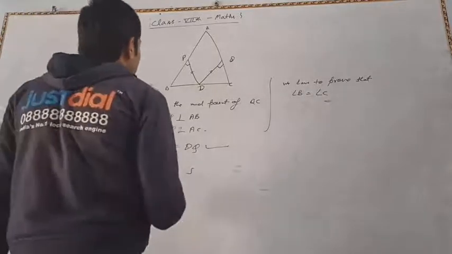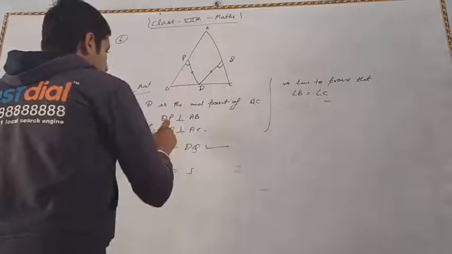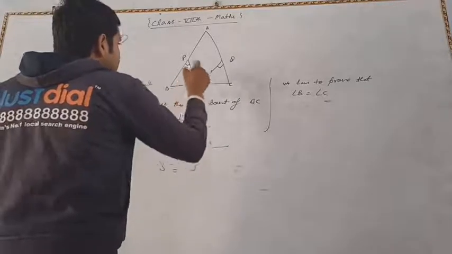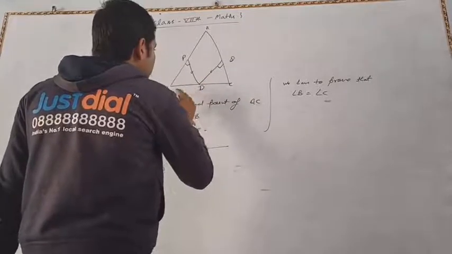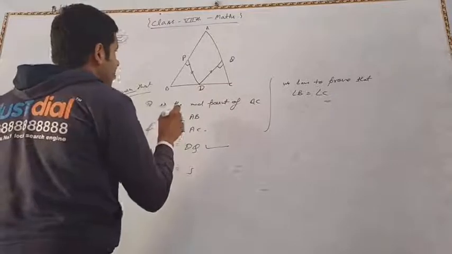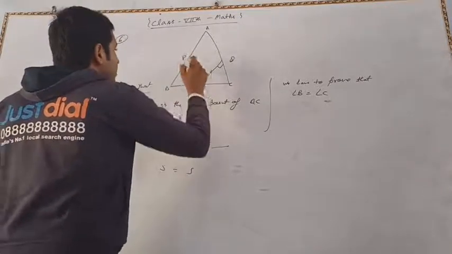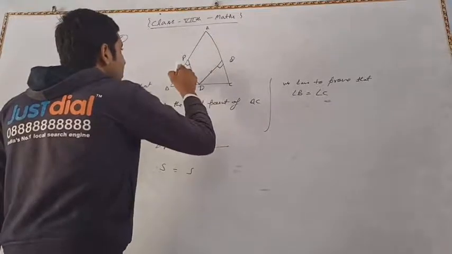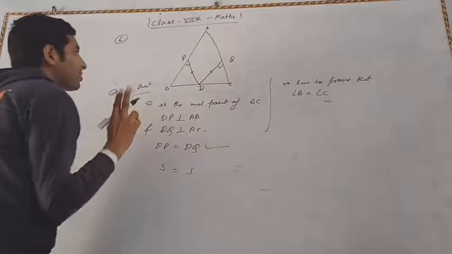Next, we have to prove first of all that BD is equal to CD. Also, here given that DP is perpendicular to AB, so this DP divides AB into equal parts.